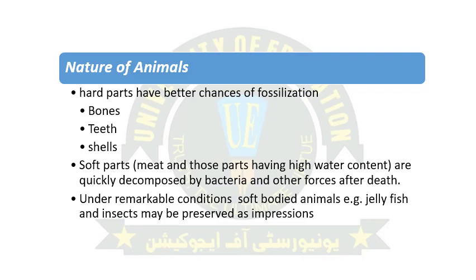So in the fossil record, those parts which are hard, like bone, teeth and animal shells, are more abundant as compared to soft body parts. Soft body parts can only be preserved when they come in contact with some suitable medium, as previously we discussed with amber. So the medium defines the preservation.